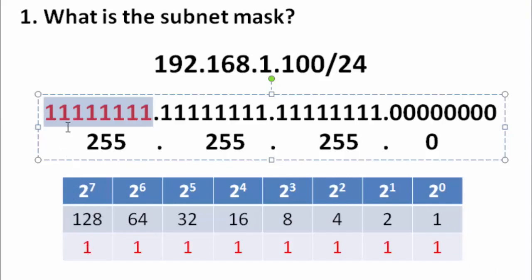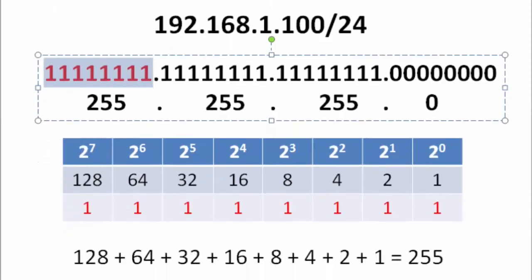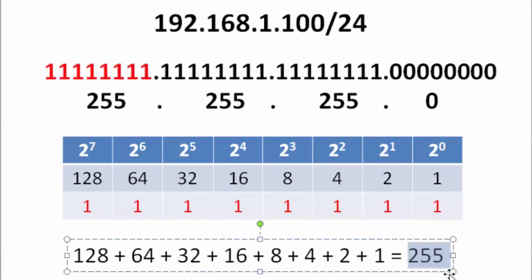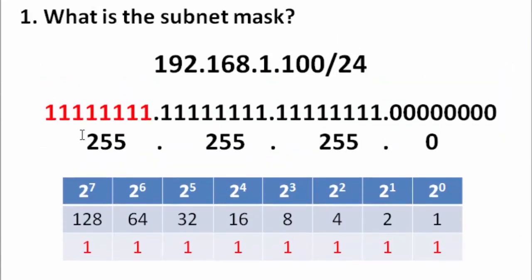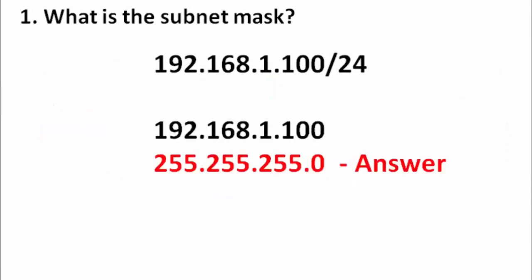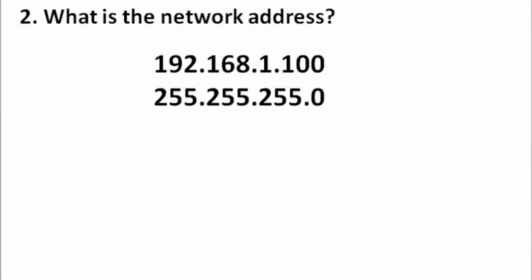If I have all ones in this 8-bit grouping, then to convert it to decimal is as simple as adding 128 plus 64 plus 32 plus 16 plus 8 plus 4 plus 2 plus 1 equals 255. So each octet with ones in it equals 255. So 255.255.255.0 is our answer.